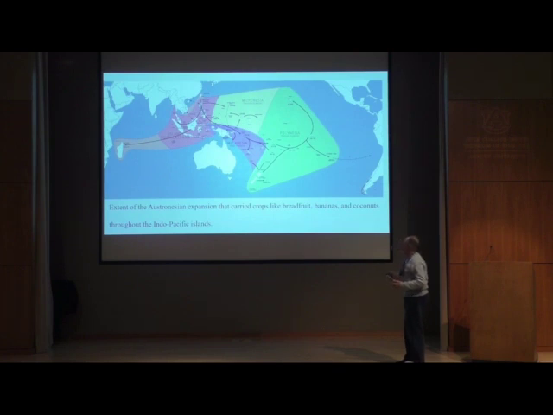When they got there, bananas, and breadfruit and coconuts, they expanded. They started distributing across, and their influence reached all the way to Madagascar and to Easter Island, okay?